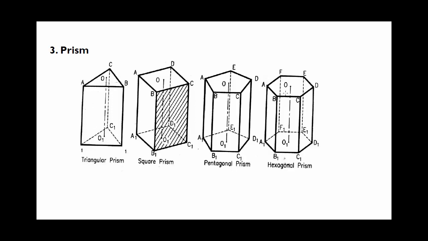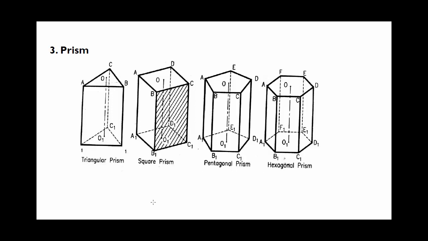Likewise, in all the prisms, base and top surfaces are common in shape. Each prism has an axis, and the base and top of each prism have the same shape such as triangle, square, pentagon and hexagon.